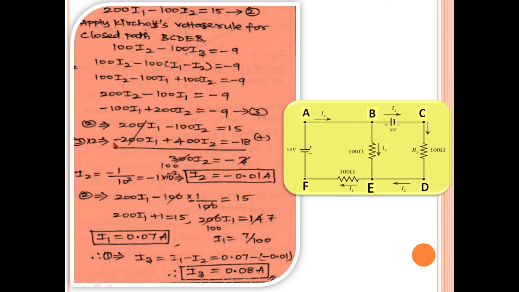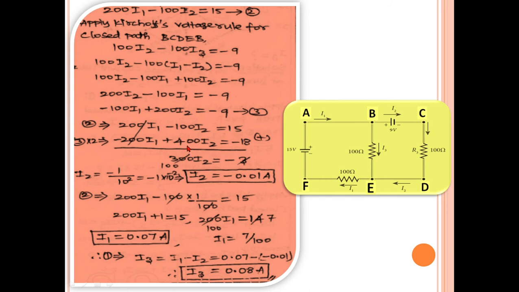Equation 3 multiplied by 2 gives minus 200 I1 plus 400 I2 is equal to minus 18. The 200 I1 terms cancel each other.